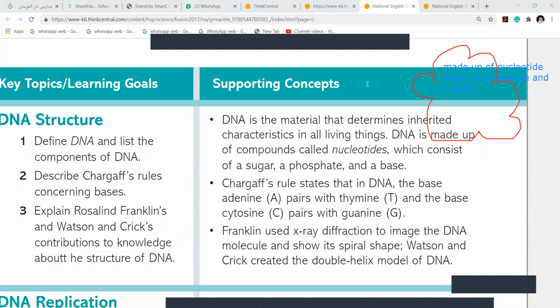Malak, did you understand DNA? DNA is made up of the compound nucleotide, and this nucleotide is made up of sugar, a phosphate, and a base. I hope you understood.